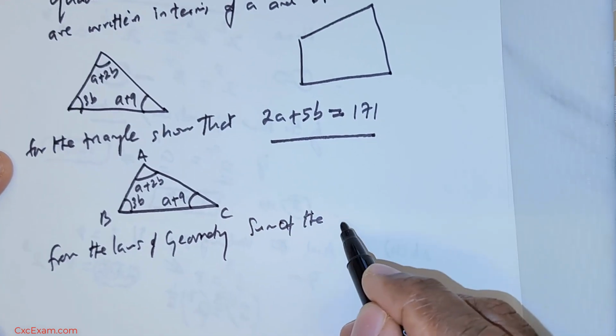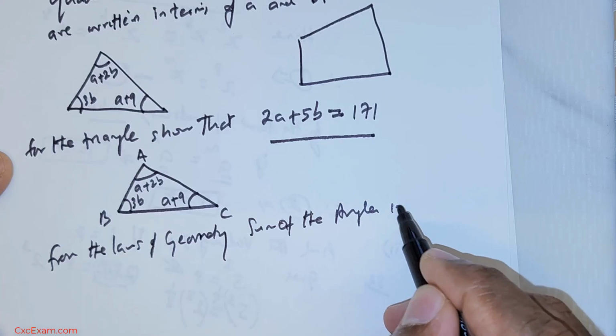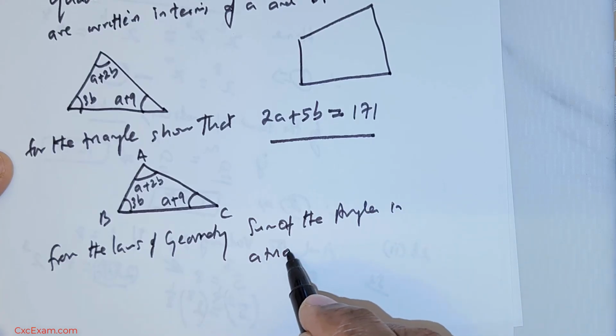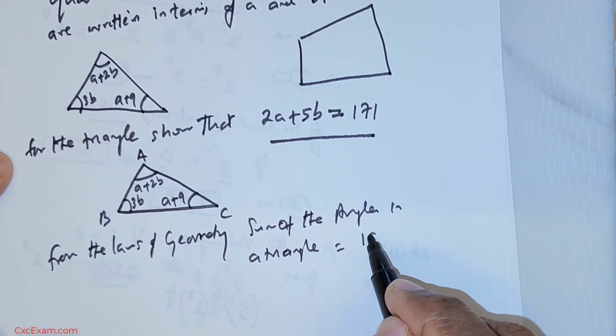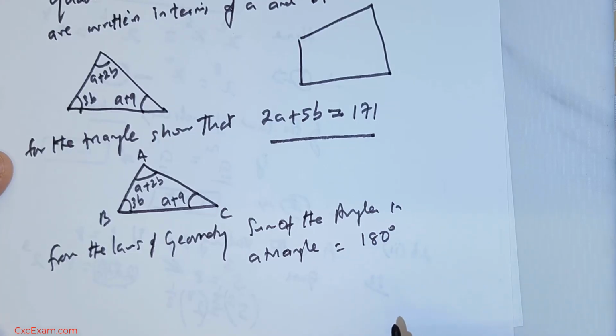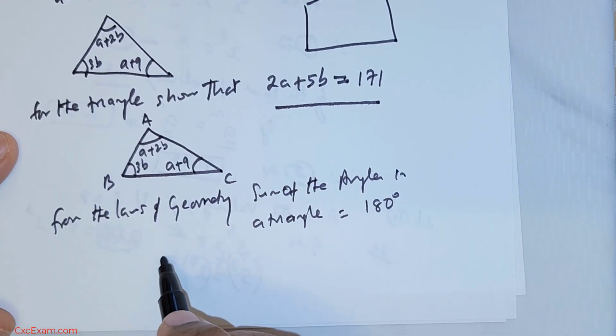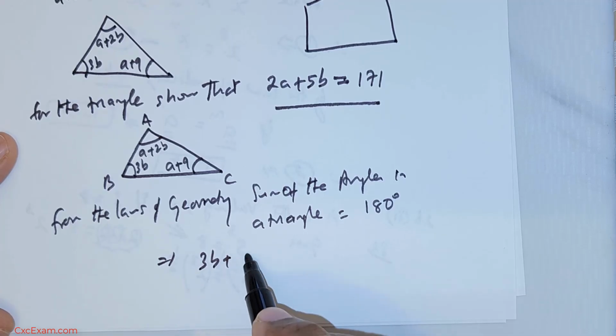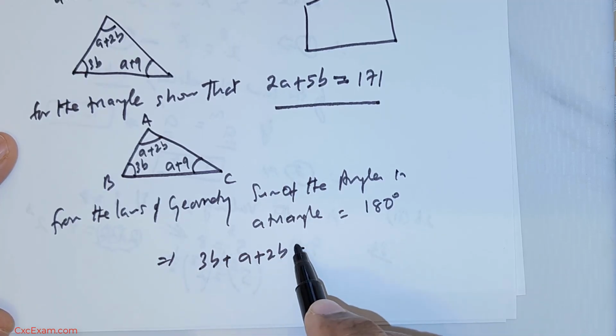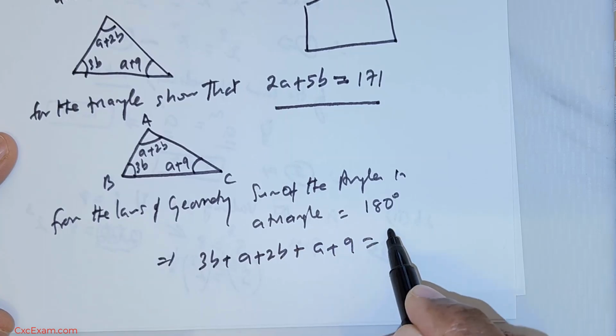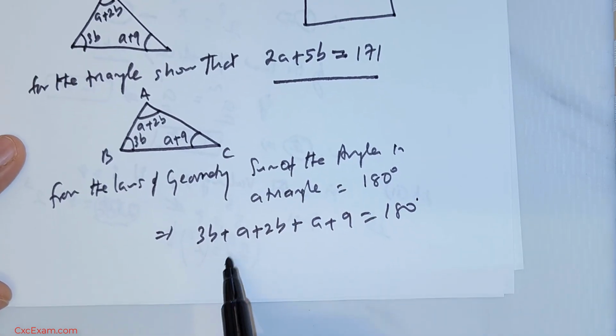Sum of the angles in a triangle is equal to, they add up to 180. So this means 3b positive a positive 2b positive a positive 9 is equal to 180.